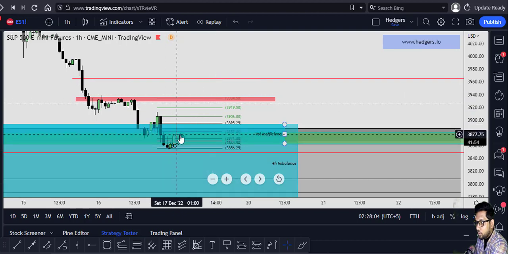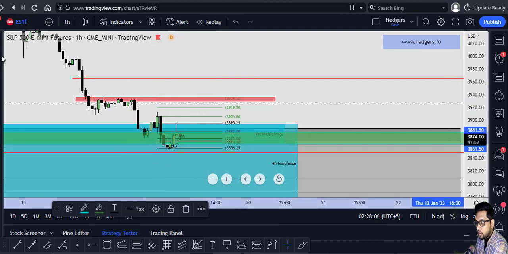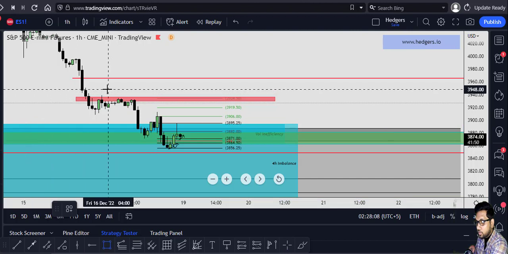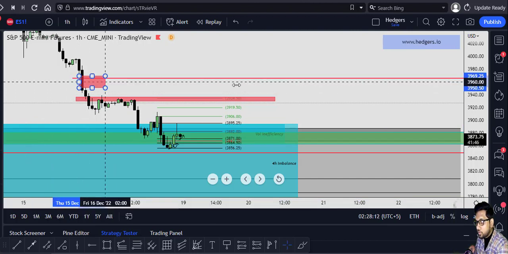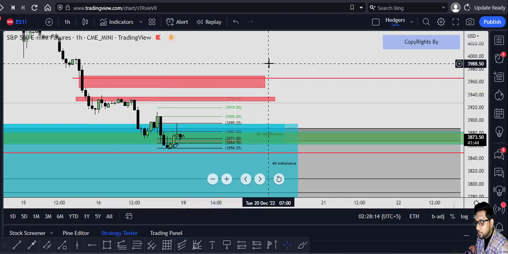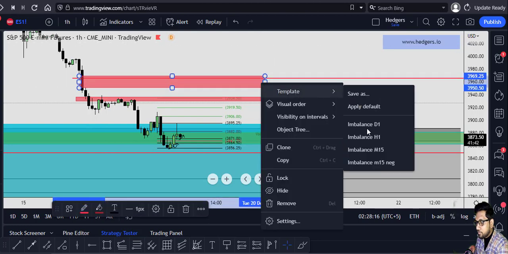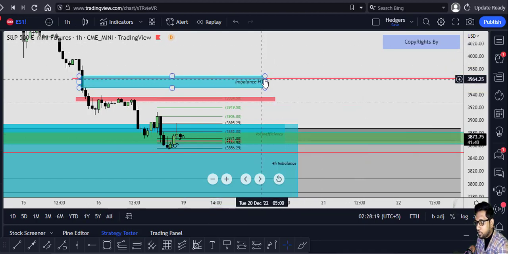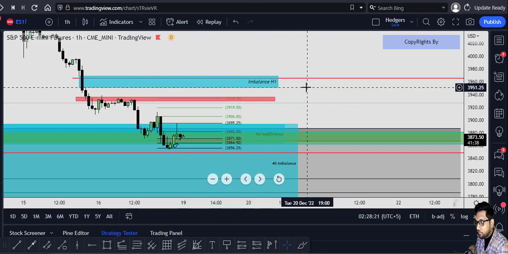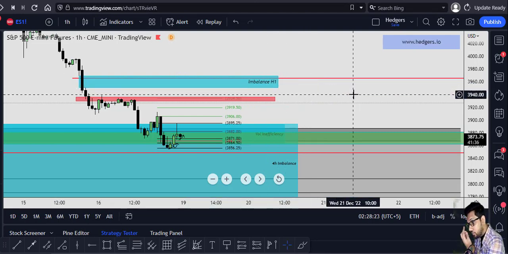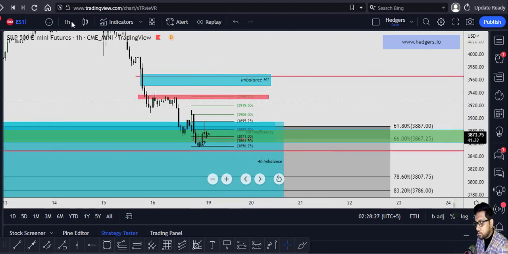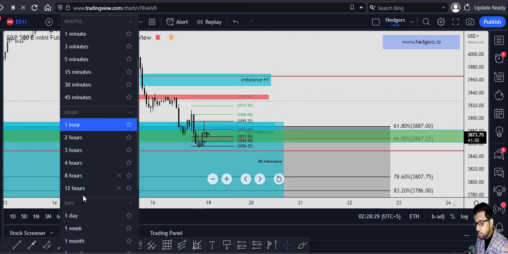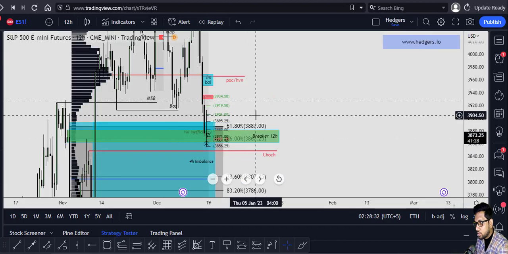On the 1 hour time frame, we have the imbalance in our target zone. So these are all our confluences for the trade setup that we just spotted on our charts.